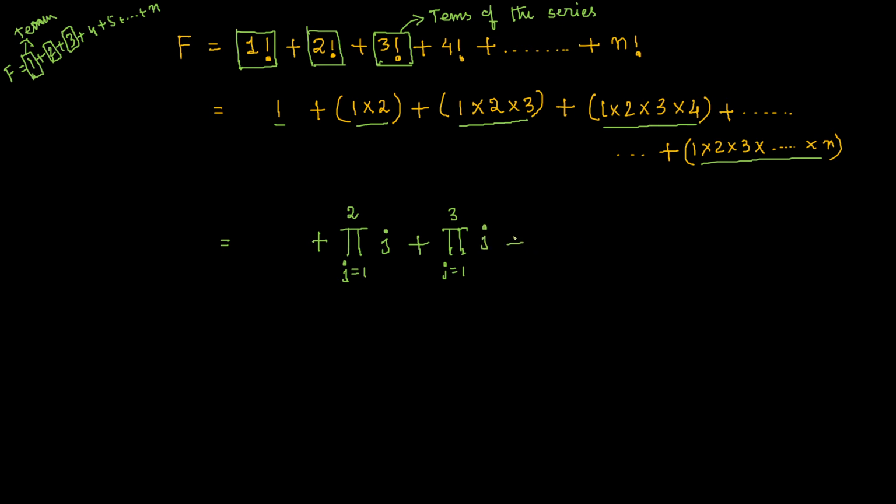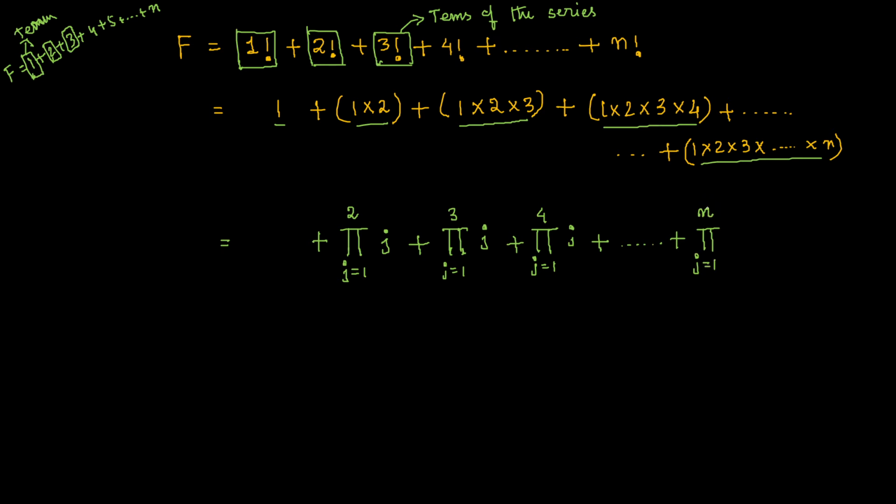Again here I can say another pi having j equal to 1 to 4, plus, plus, a long multiplication from j equal to 1 to n.